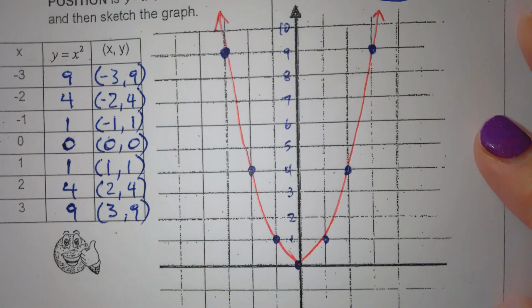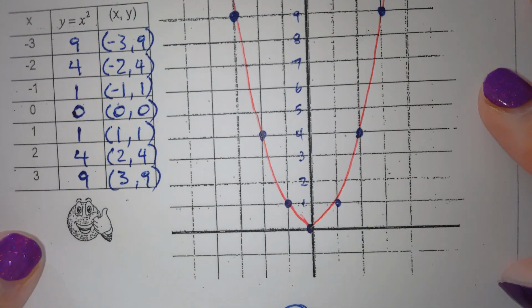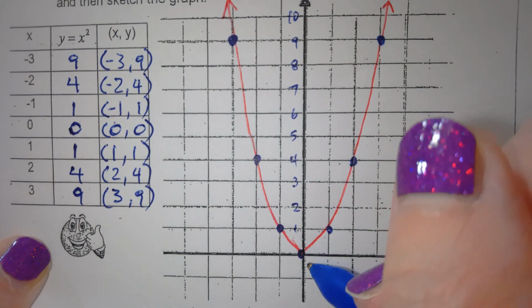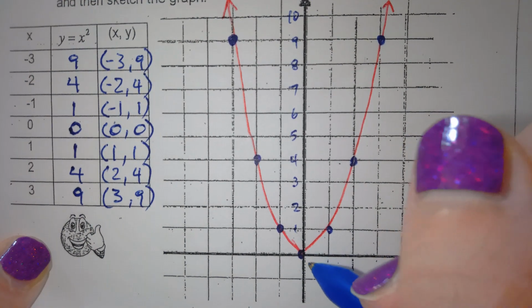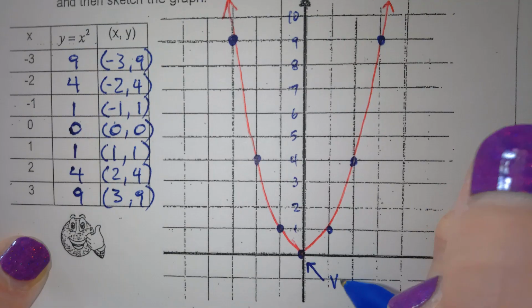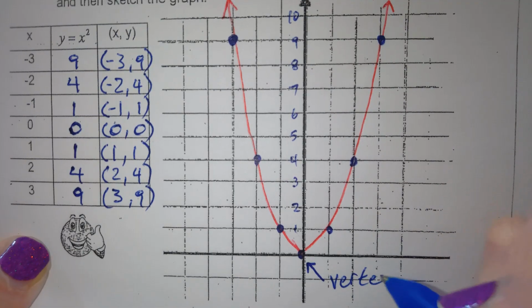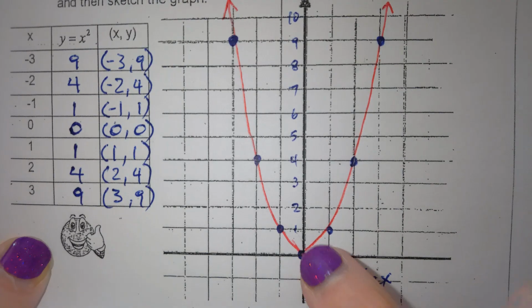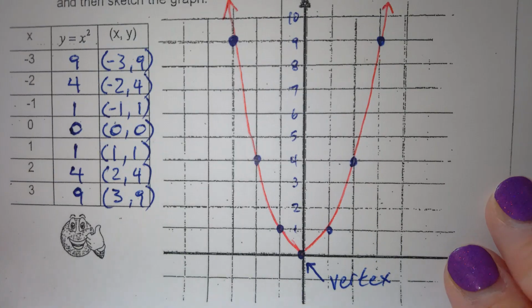The tip, right. So right here, let's call this my vertex. Does it have to be 0, 0? No. All right. Or the highest point. Good. So it's the middle point of your parabola.